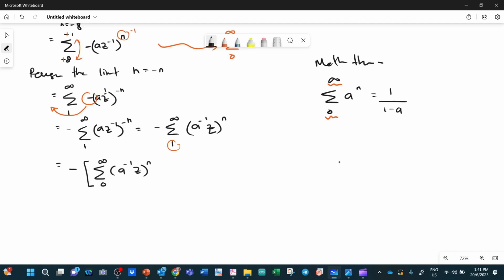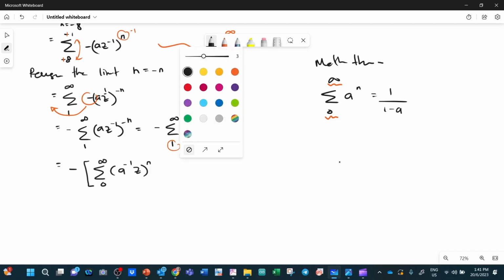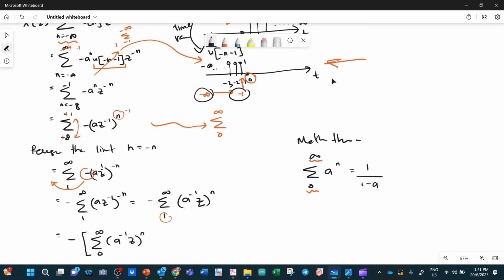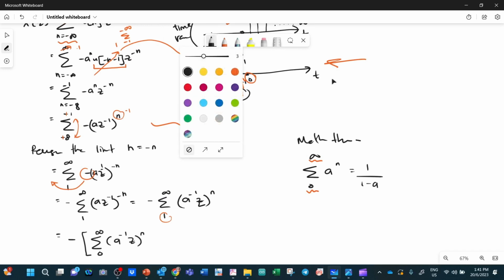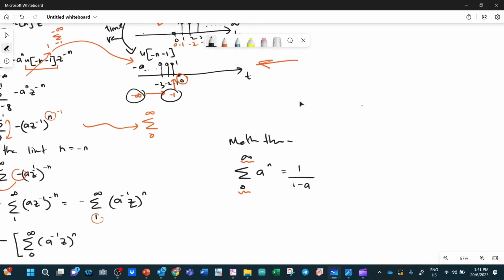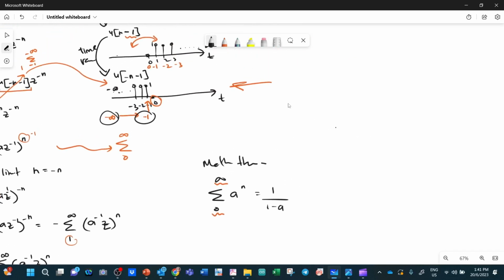Okay, and then you will see that, for this equation just now, if I rewrite it again, I draw it again, you have it from minus 1, minus 2, minus 3 until infinity.